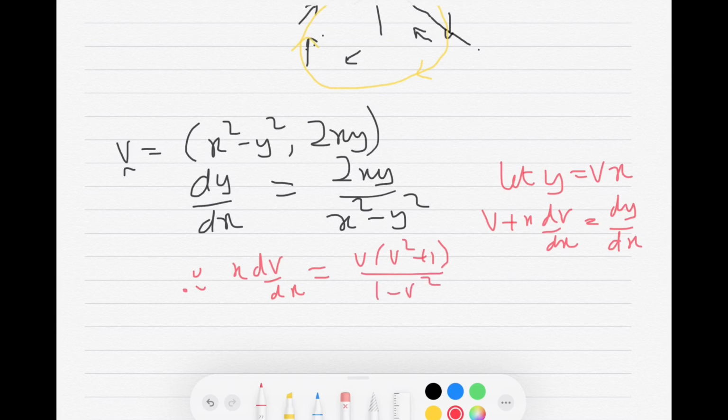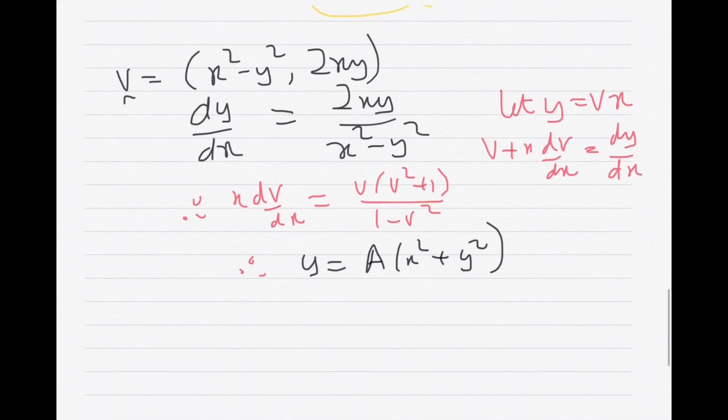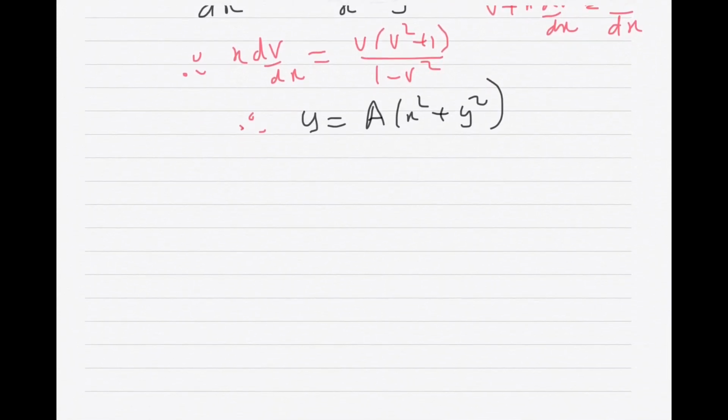Now it's variable separable, and once you've separated them, used partial fractions, etc., you find that finally, putting back y equal to vx or v equal to y over x, you get y is equal to a times (x squared plus y squared). And if you do a little more of these simplifications, what we get is the following.